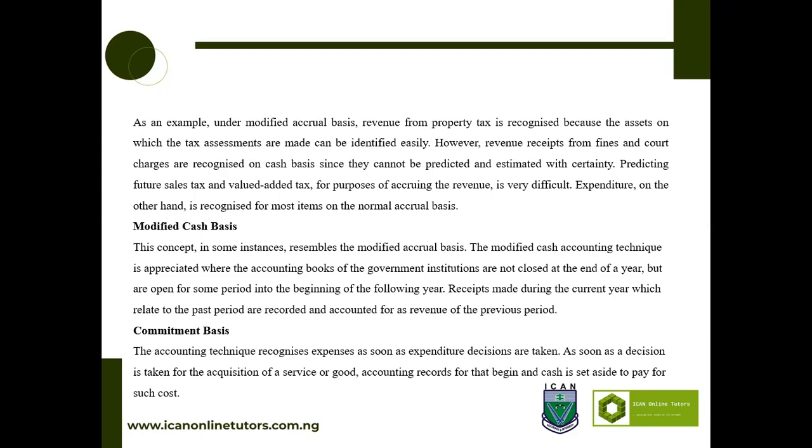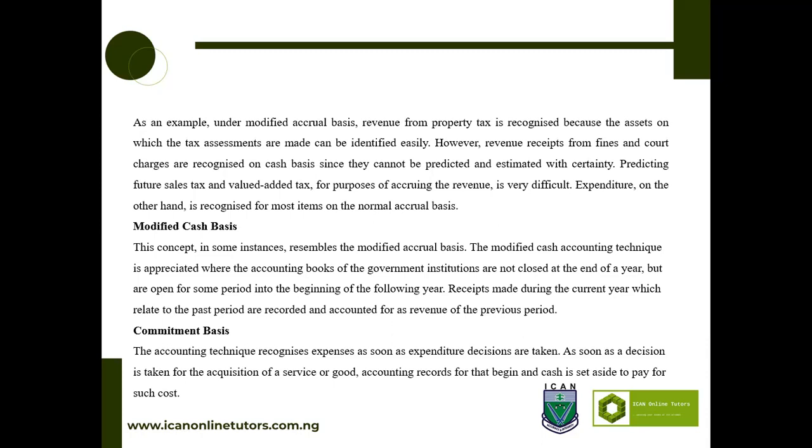But the modified cash basis gives room for the books of accounts of the previous year to be left open for some period of time, so that a transaction that happened in the previous year will be adjusted into the previous year's financial statements.